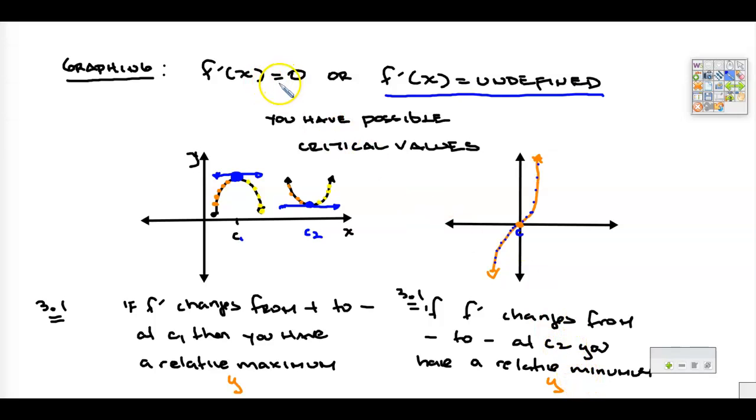So when you set your derivatives equal to 0, and we'll do that later, and you set your derivative equal to undefined, those values are potential critical values. So just because you get some values doesn't mean that they're going to be critical. Those critical values are going to yield a relative min or max.